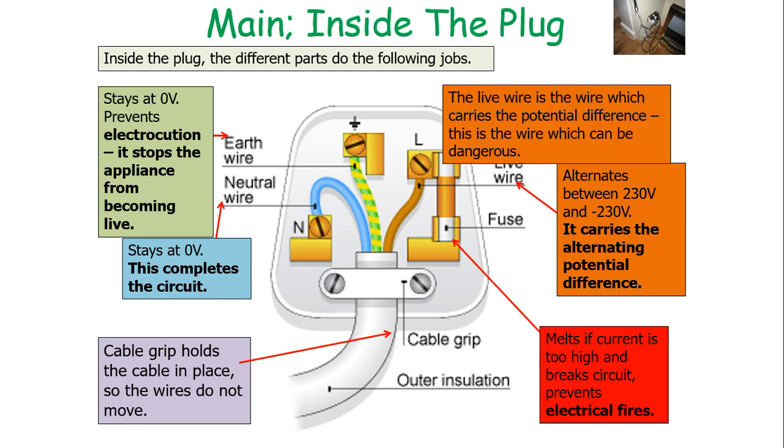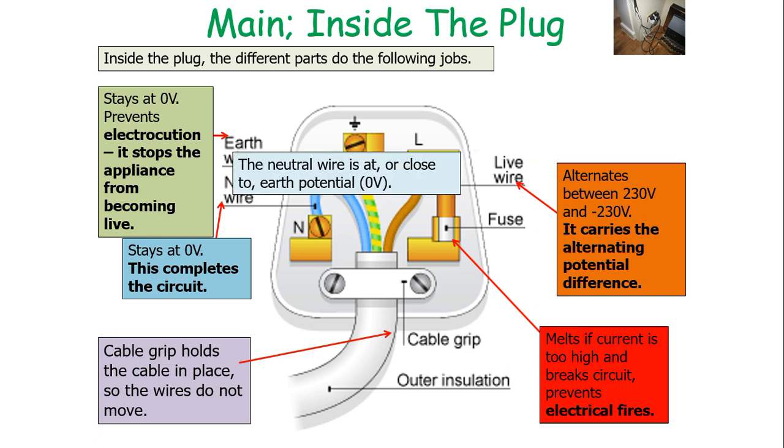Now, the live wire is the wire which carries the potential difference, which is why this wire can be dangerous, which we'll look at in a second. The neutral wire is always at or close to earth potential, which is 0 volts. The earth wire is at 0 volts. It only carries a current if there's actually a fault in the device. So if your plug is working correctly, the earth wire shouldn't need to be used.